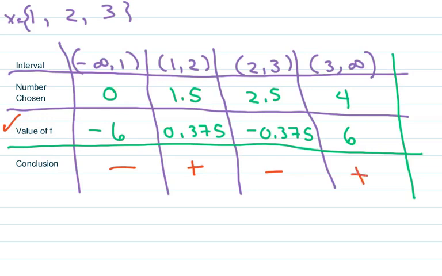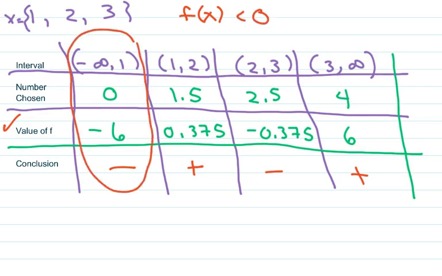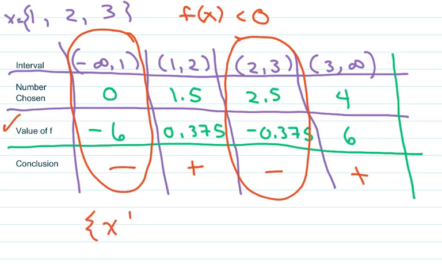And our equation is we want it to be negative. So we want our f of x to be negative. So we're picking this interval and this one. Those are two negatives. So you're going to write your solution set is x such that x is less than 1. Then we have this one, so we write or x is in between 2 and 3.